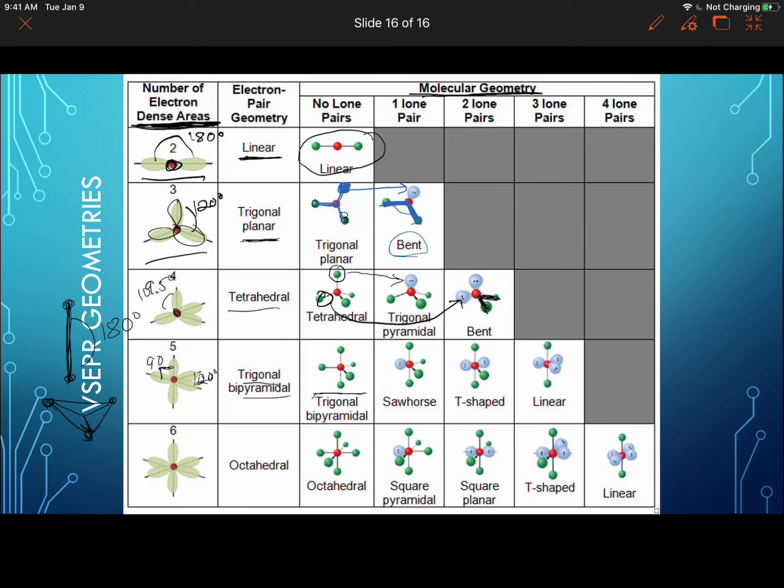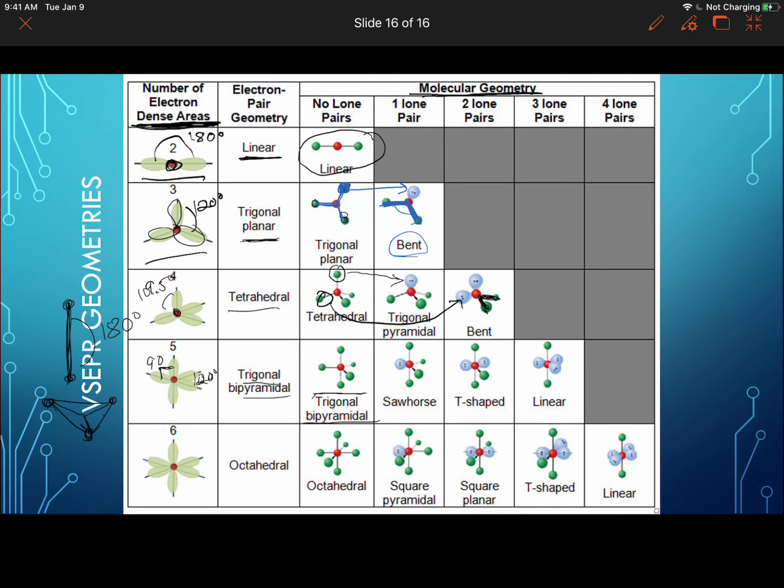And when all of our electron domains in our trigonal bipyramidal structure are occupied by atoms, our structure will have the same molecular geometry as our electron domain geometry. So in the case of all atoms, our trigonal bipyramidal geometry will be trigonal bipyramidal molecular geometry as well.